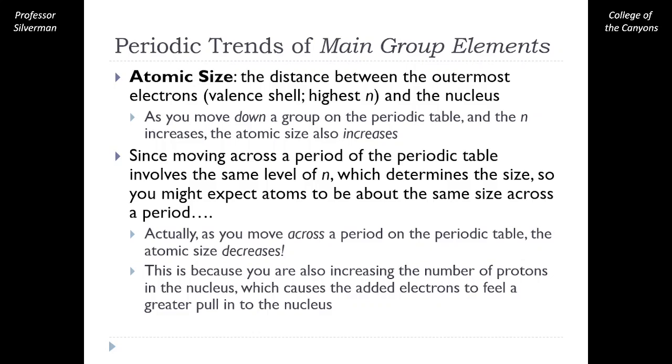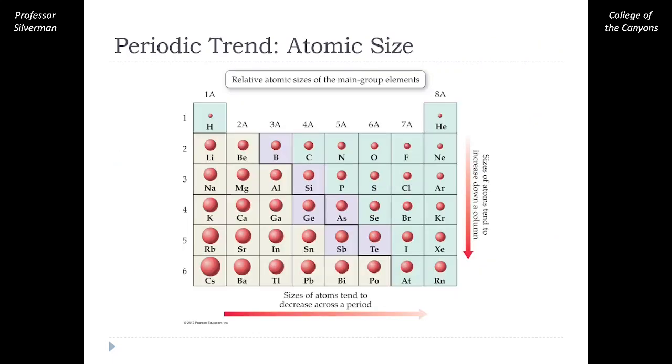As we go to the right on the periodic table, we're adding extra protons into the nucleus, but we're not going to the next shell. So those extra protons in the nucleus get to pull our electrons in tighter. The result is that our biggest elements tend to be at the bottom left of the periodic table.